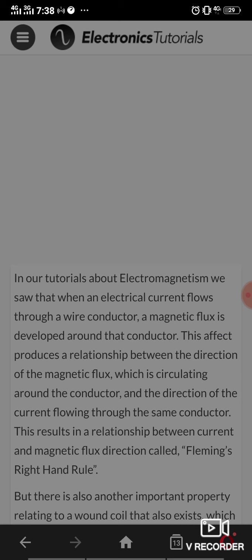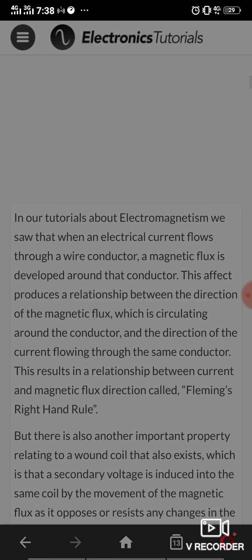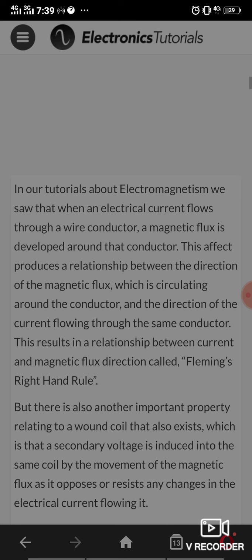This produces a relationship between the direction of the magnetic flux circulating around the conductor and the direction of the current flowing through it, called Fleming's right hand rule.